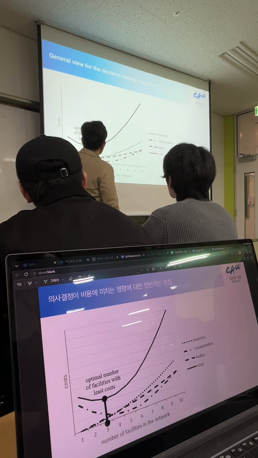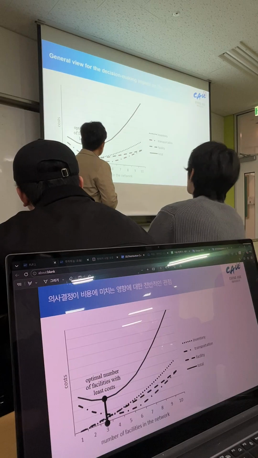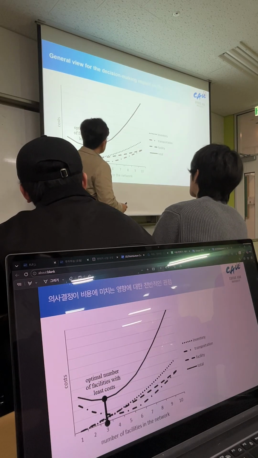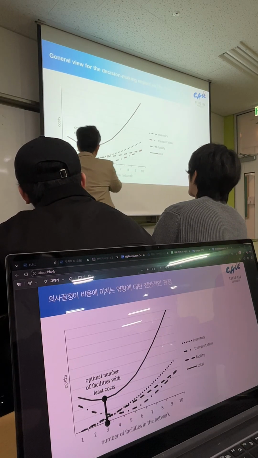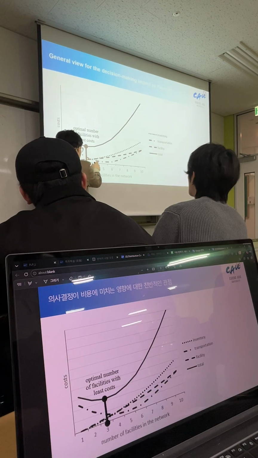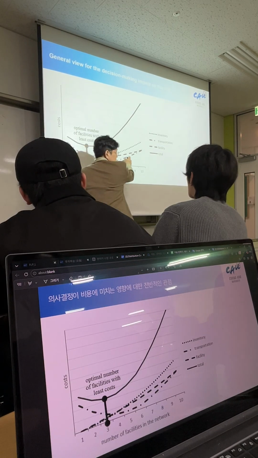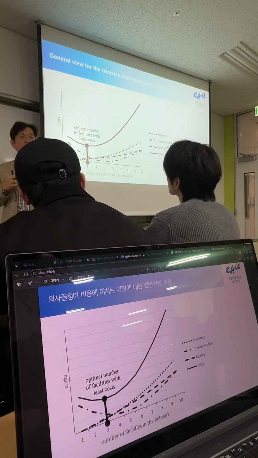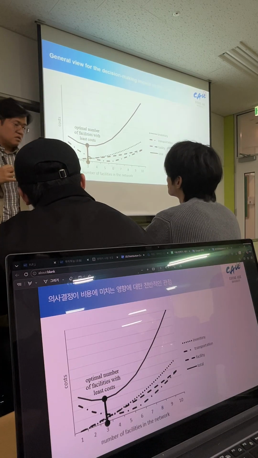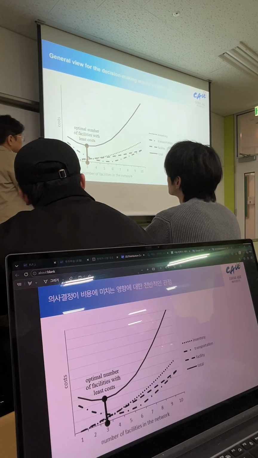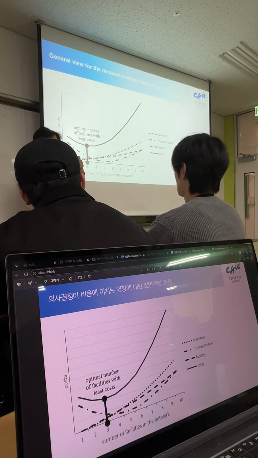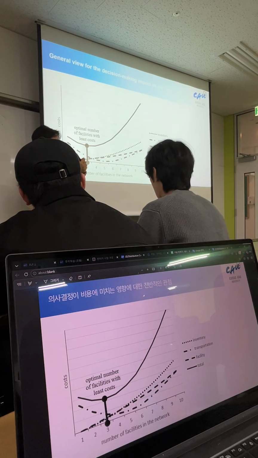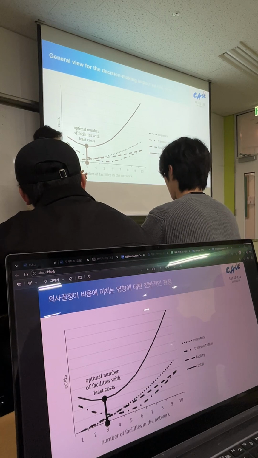But the transportation cost is a little bit different, because the transportation cost is reduced up to a certain level and then increases again. The reduction can be explained because if you have more and more warehouses, then the distance between demands and the service center or facility is reduced.